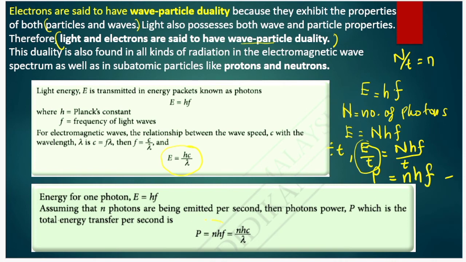So power can be determined by using the formula P equals nhf. If you substitute c divided by lambda, you will get the formula P equals nhc divided by lambda.